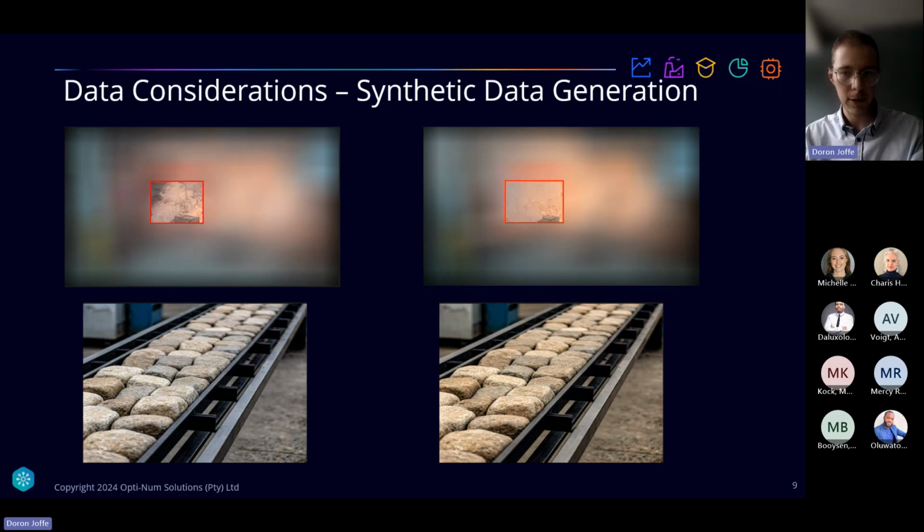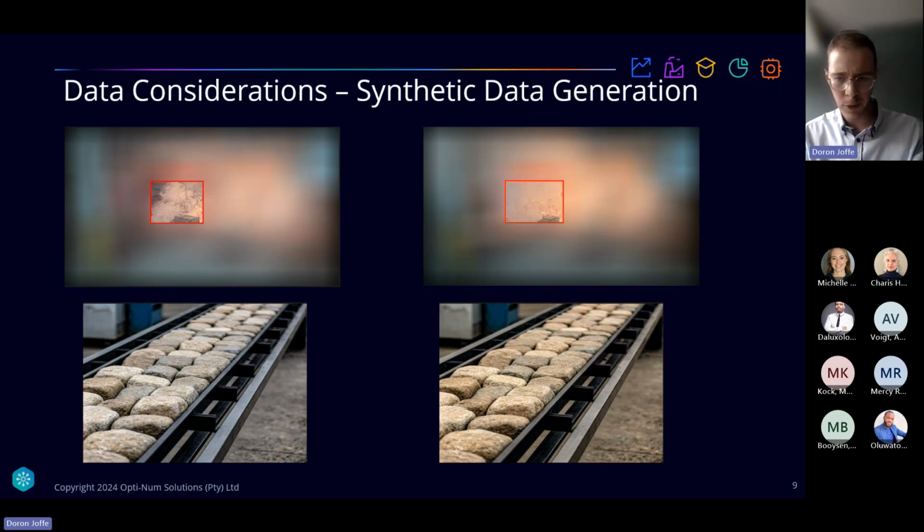But we use our Gen AI networks to synthetically generate additional images to build up our data set. And you can see the synthetic image is very, very good. You wouldn't be able to distinguish between the two if you were just looking at it. And this way we can build up a very large data set with very few samples as a base data set.